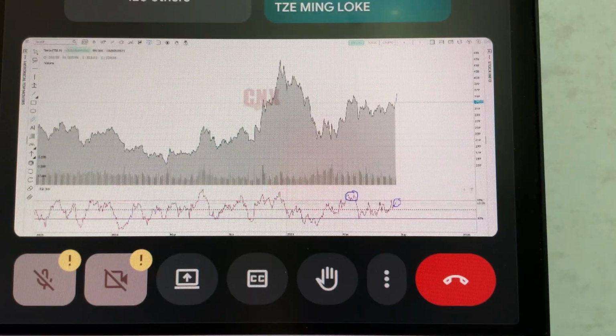Basically, they use the price compared to the last 14 days' average, and then they calculate the ratio. So it's some complex mathematical formula. But what they are doing is comparing today's price with the average of the last 14 days' price.